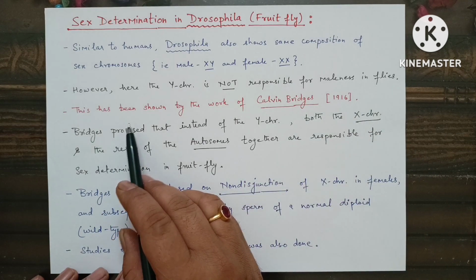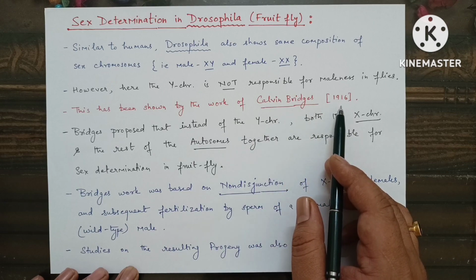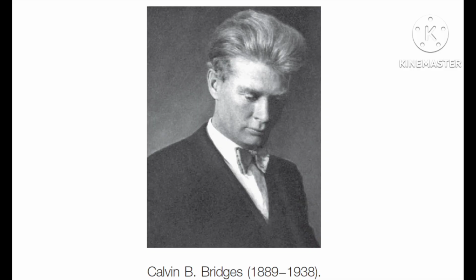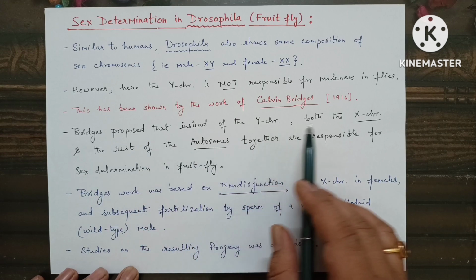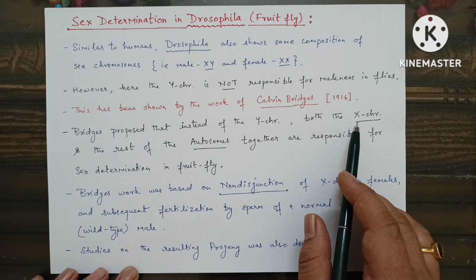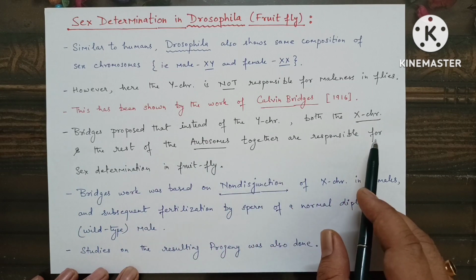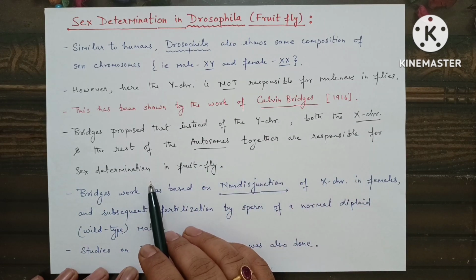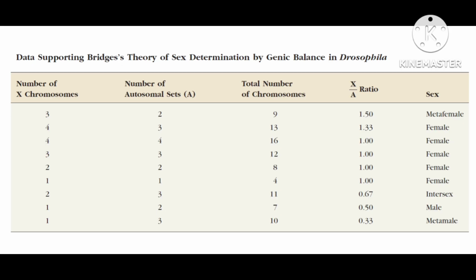This has been shown by the work of Calvin Bridges in the year 1916. Bridges proposed that instead of the Y chromosome, both the X chromosomes and the rest of the autosomes together are responsible for the sex determination in the fruit fly, that is Drosophila.